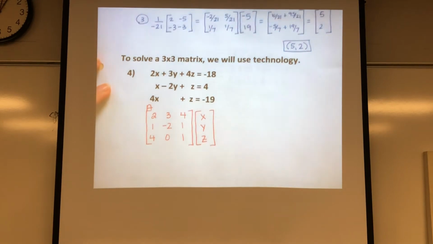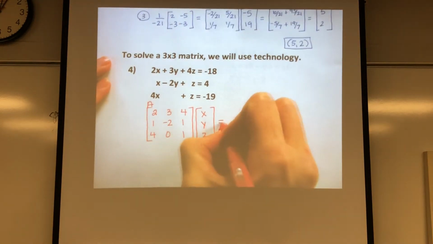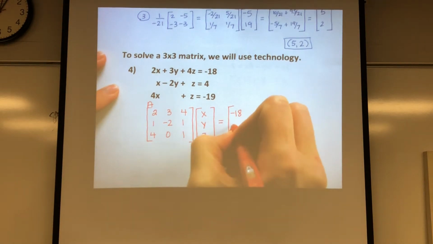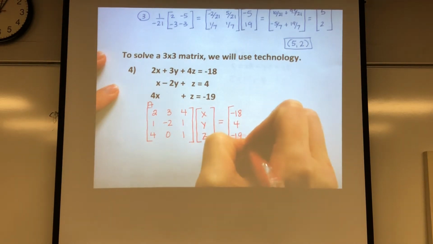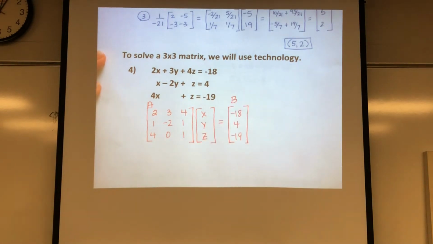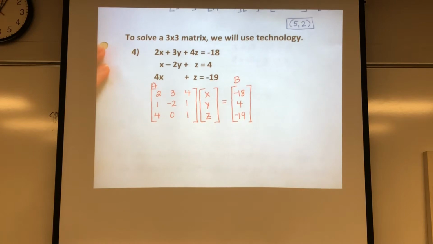X, Y, and Z are the variables that we're using. And it's going to equal our constant matrix, -18, 4, -19. We call the constant matrix, matrix B. Since most of the work will be in your calculator, I'll have to see this on your paper.